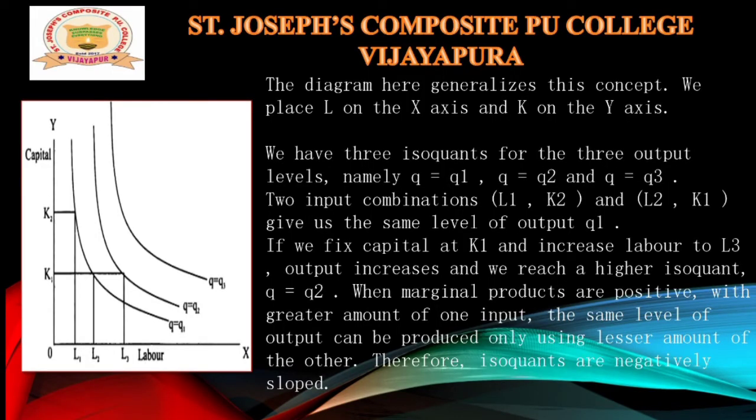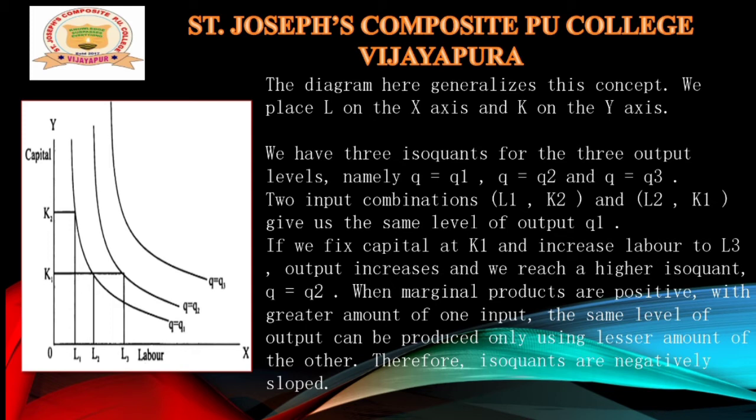Now this isoquant curve we can express with the help of a diagram. In this diagram, observe the x axis and the y axis, right? The x axis shows labor, L, and the y axis shows capital, K. In the left side diagram there are three isoquants: Q is equal to Q1, Q is equal to Q2, and Q is equal to Q3.